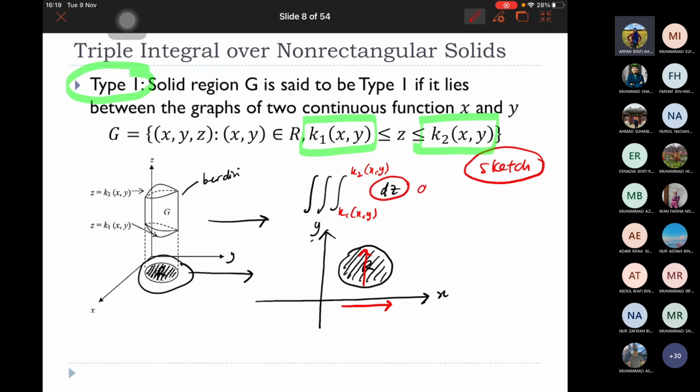So the second one will be DX DY atau DY DX. So DY DX ni based on type 1 untuk double integral, yang ini pula type 2. Okay. So yang ini type 1 type 2 based on dia punya base R region, dia punya base of R.